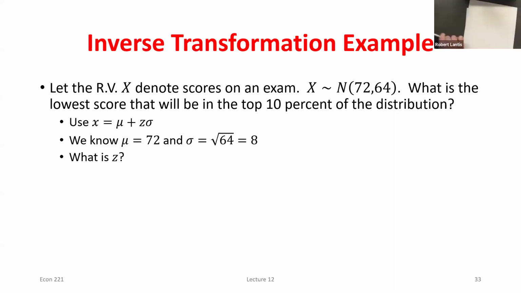Okay. Well, I know that if I were to convert this test score, so if I have it as a regular normally distributed variable, I think I said the mean was 72, and I think I said the variance was 64, which means what would my standard deviation be? Yeah, just the square root of that. So 8.